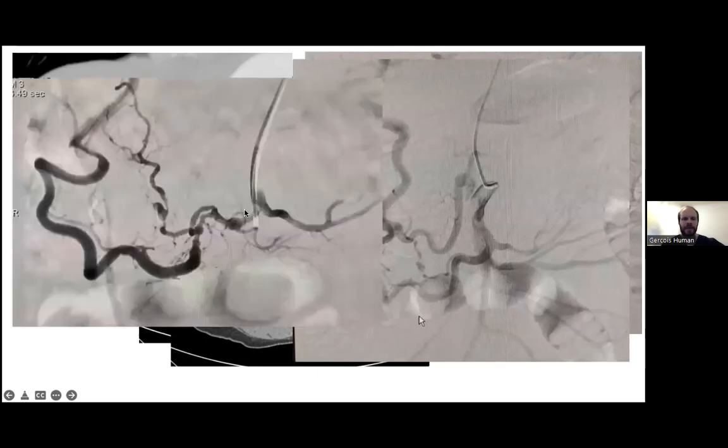Zooming in on that image, here we can see the region of the pseudoaneurysm, and it looks like it originates from the inferior pancreaticoduodenal branch. That was subsequently coiled, and this was treated successfully, and the patient improved.